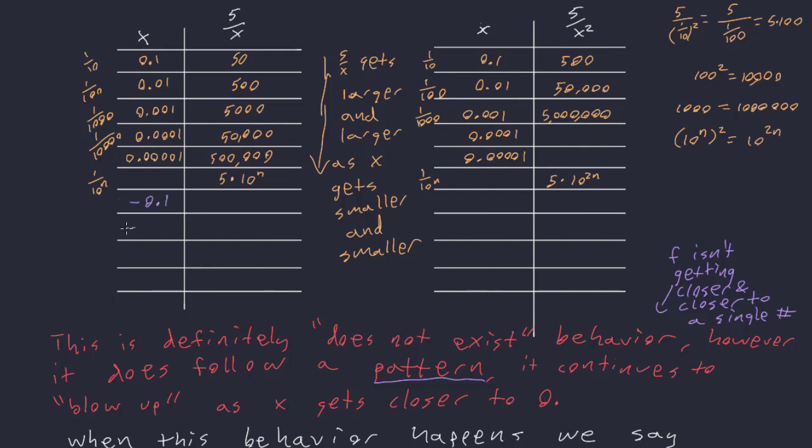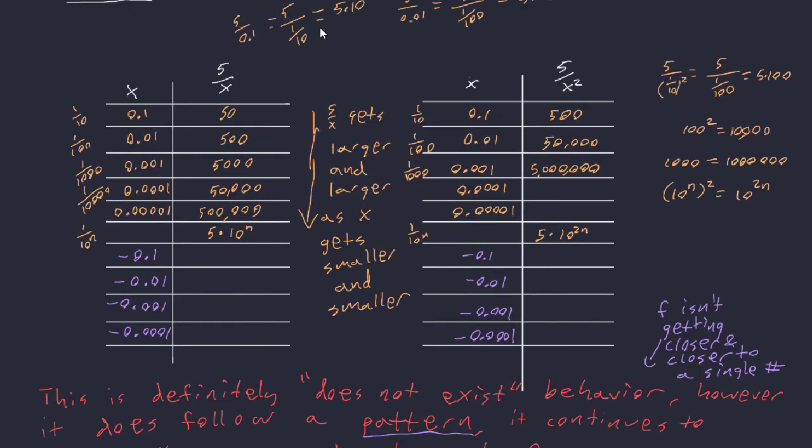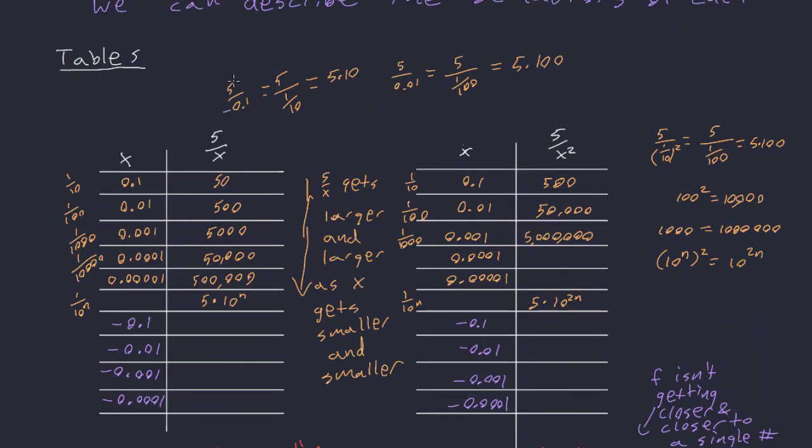So we'll do, say, negative 0.1, negative 0.01, negative 0.001, negative 0.0001, etc. Now this shouldn't affect things that much because if we go back up to this work here, dividing 5 by 0.1 is now dividing by negative 1 over 10, which will give us the same value except negated, right? So all we're doing in f is negating our values.